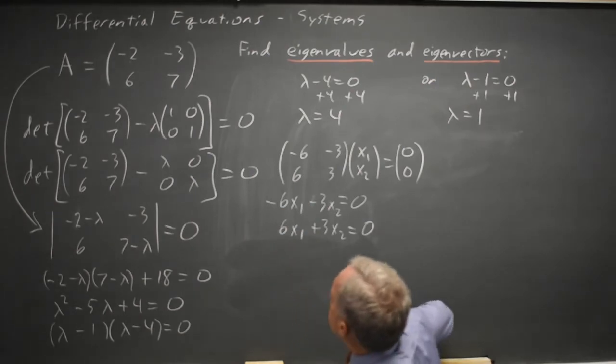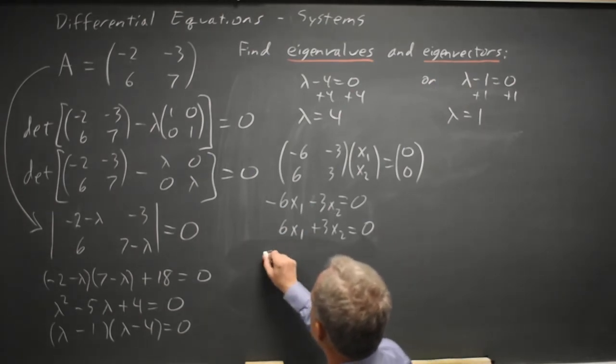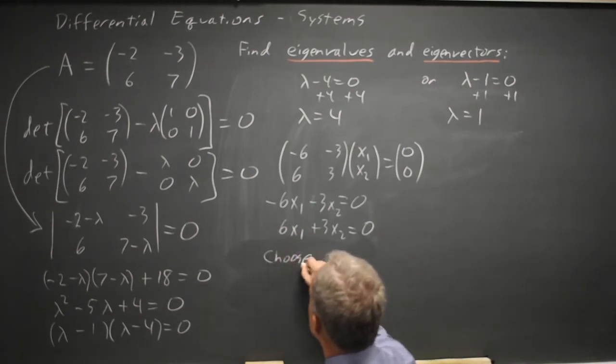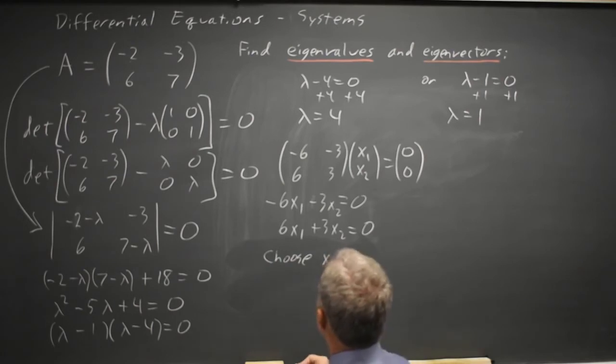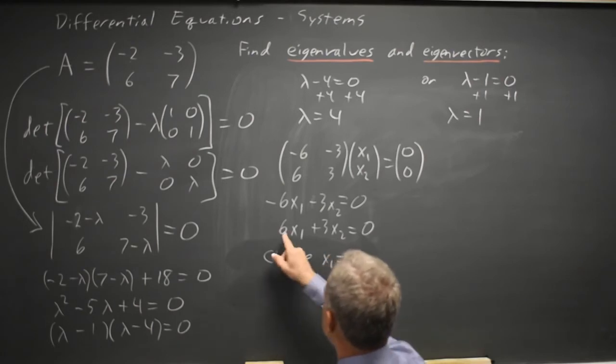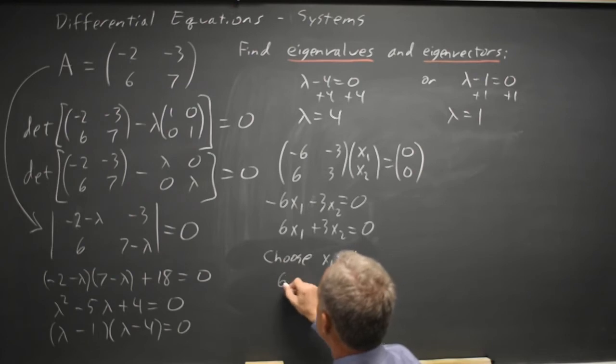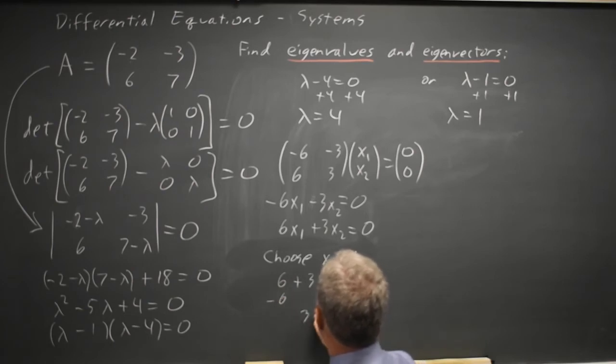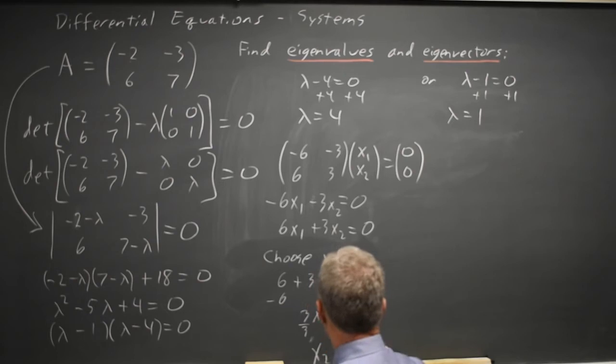But what I can do is I can choose a value, and I'm going to choose x1 equal 1 because that makes the arithmetic easy, and substitute that into the second equation. So 6 times 1 is 6, plus 3x2 equals 0. Subtract 6. 3x2 equals -6, divide by 3. x2 is -2.